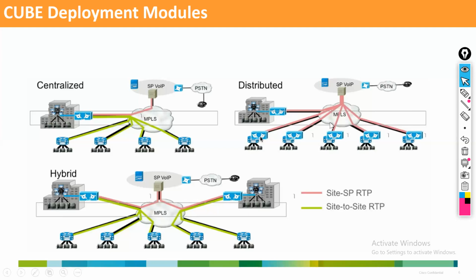Okay, then distributed, similarly: every location has one gateway installed and it will be terminating on the same local gateway. Then we have hybrid. Hybrid means for a few locations we can go with centralized, and for a few locations we can go with distributed. If you talk about my company, we have done it the same way. A few locations we have done centralized, and a few locations we have done distributed.